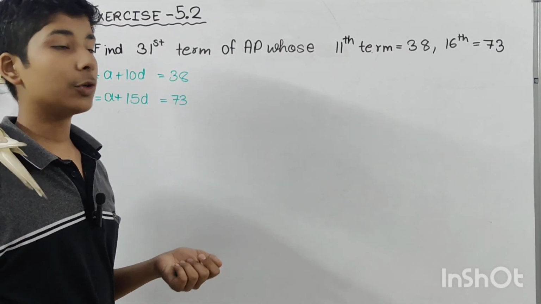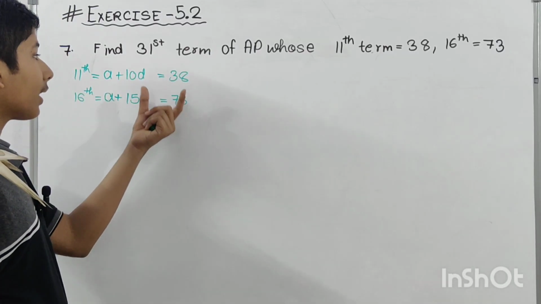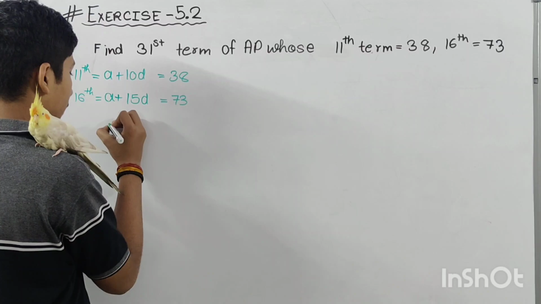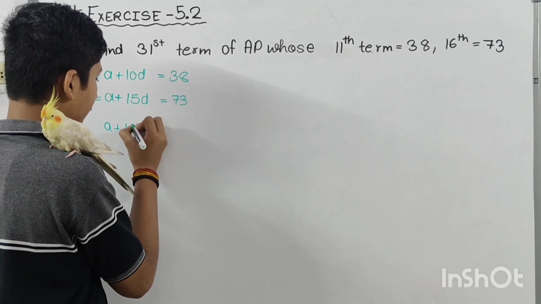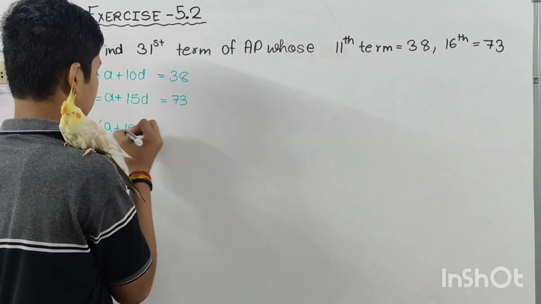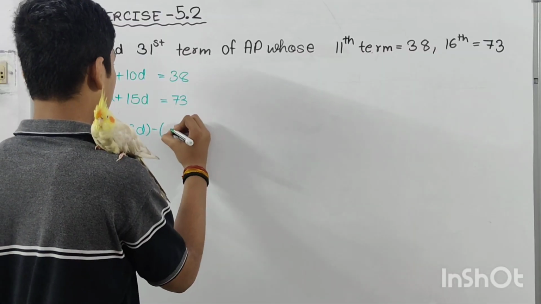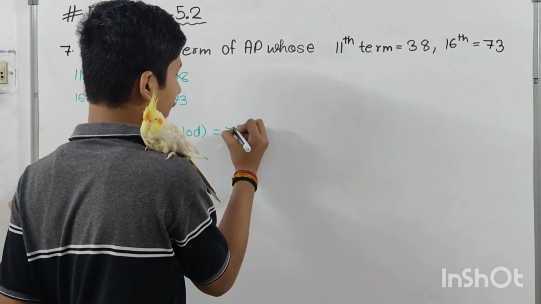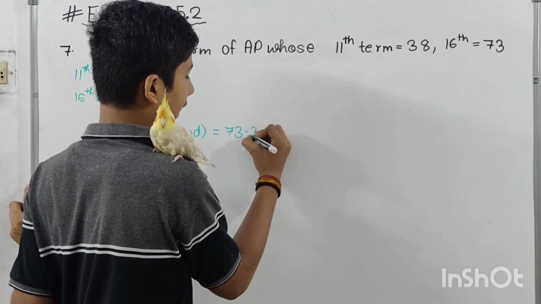If we subtract both of them, if we subtract this from this, it will be a plus 15d minus (a plus 10d) equals 73 minus 38.